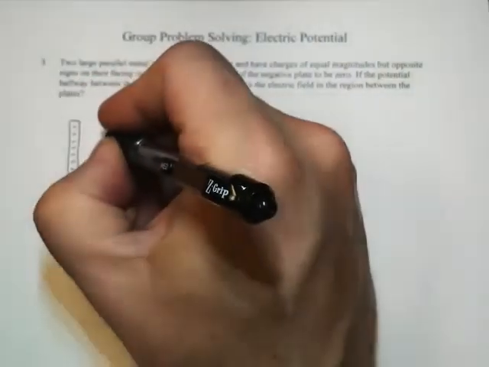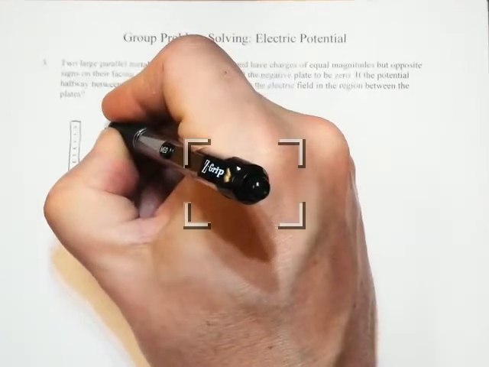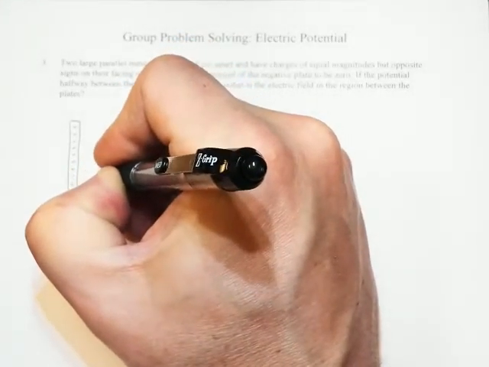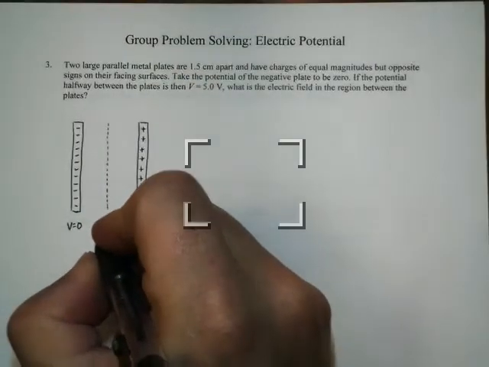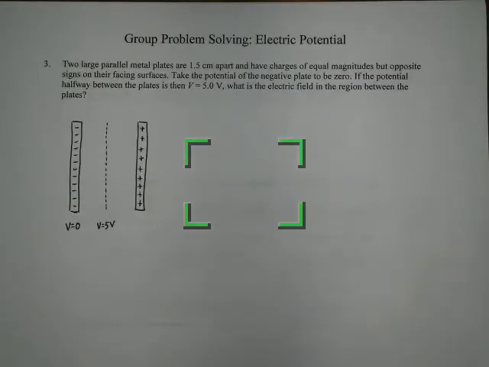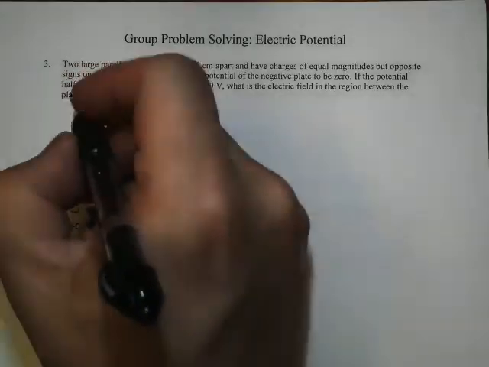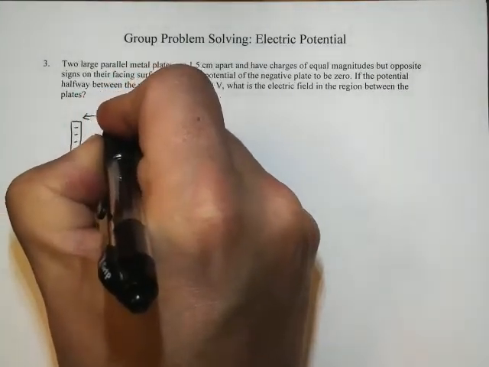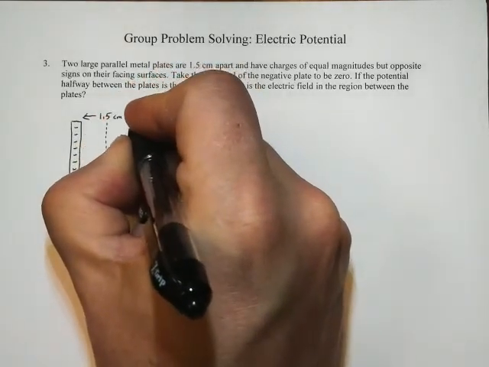And recall that equipotential lines in this geometry are parallel to the plates. So we can actually draw a whole line down the center of this, which is parallel to those two plates and is at a potential of 5 volts. What else? We know these are 1.5 centimeters apart.